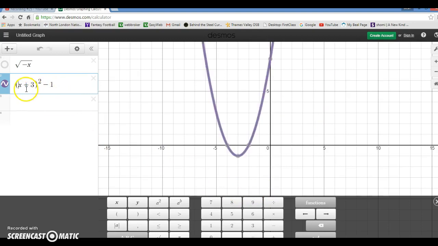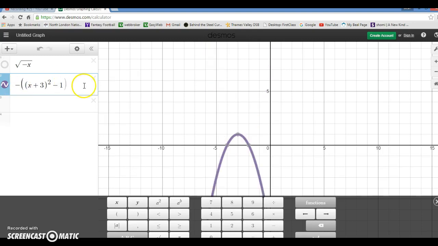Now I said that wasn't exactly right when I threw a negative in front, because if I put a negative on the entire function, I'm putting a negative in front of all of this. So what I really want to do is throw a negative in front of this entire thing. And you notice it looks a little bit different when you flip it.